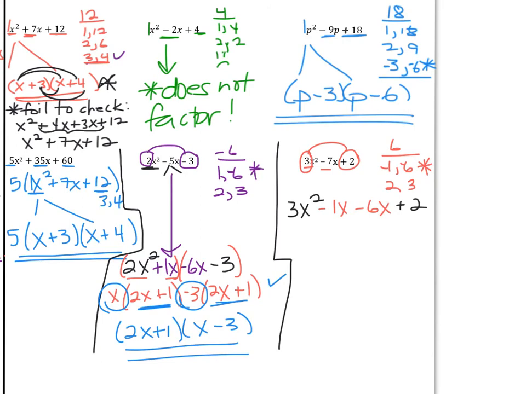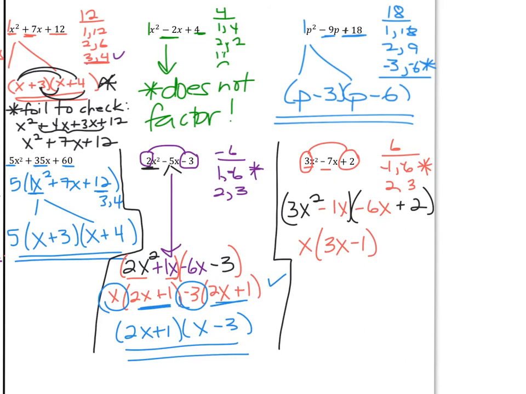From here, we're going to group the first two terms and the last two terms, and then we try to factor. In that first parenthesis, 3x squared minus 1x, they each have an x in common like last time, so let's factor that out. We would have 3x minus 1 left over. In the second parenthesis, again we have a negative with the x, so we're going to factor that out.